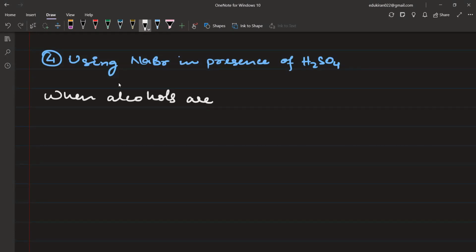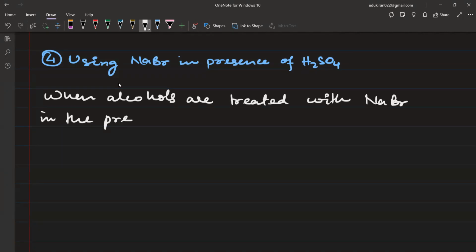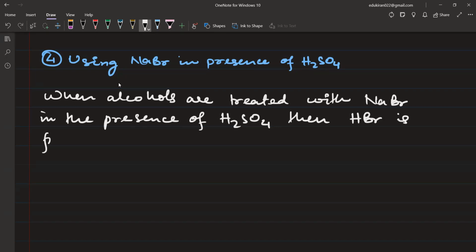When alcohols are treated with NaBr in the presence of H2SO4, then HBr is formed.